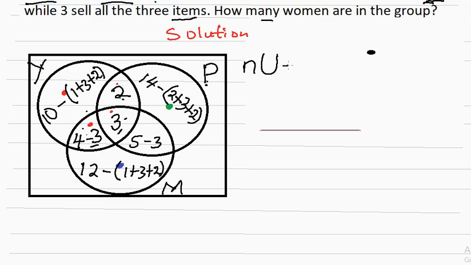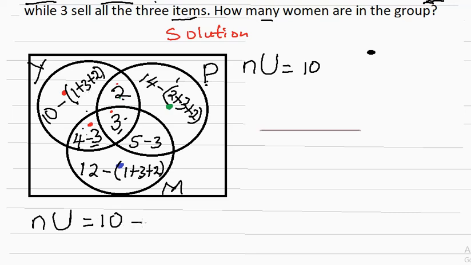I'm going to add everything together. The number of women is the number of the universal set, so I'm going to add this, this, this, and the intersection. This is going to be 10 minus 1 plus 3 is 4, 4 plus 2, that's 6.